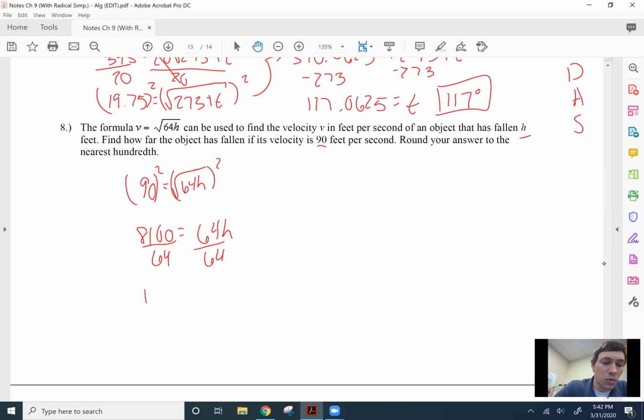And I get 126.5625. Round to the nearest hundredth. The height is approximately 126.56, and it said feet.